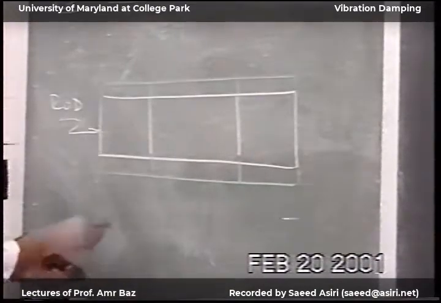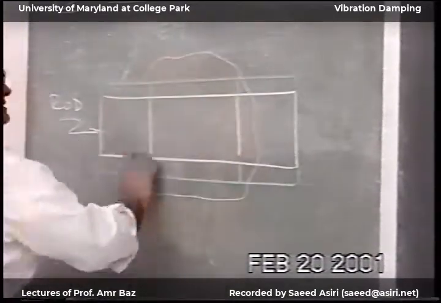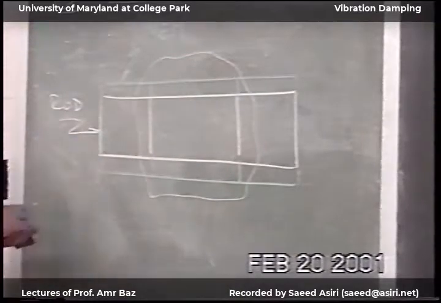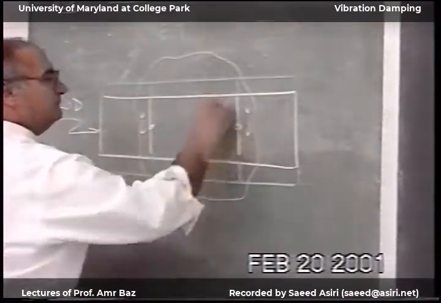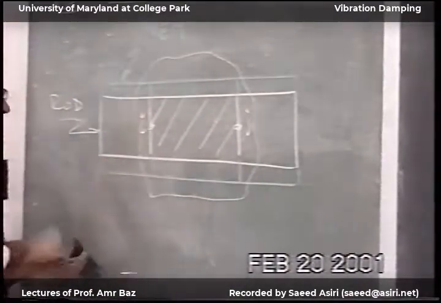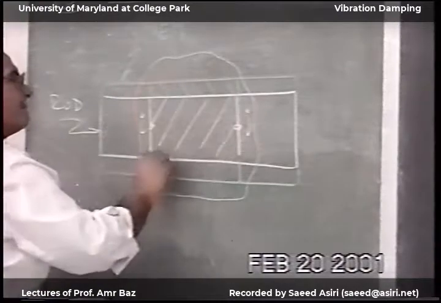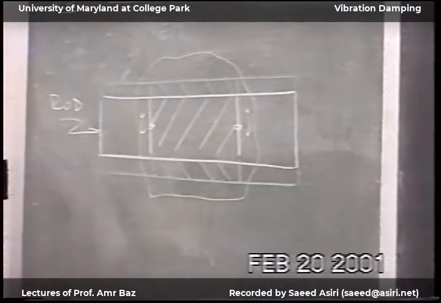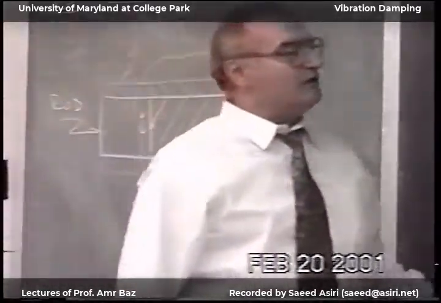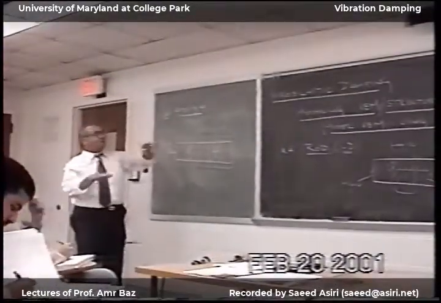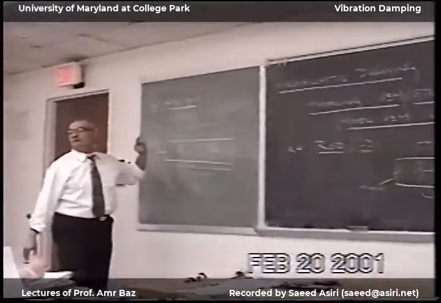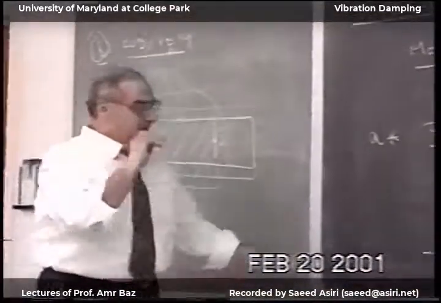Okay, and then now I'll concentrate on this. This is I and J. And then now, instead of just one uniform material, I have this complex or composite material. It is symmetric, everything is symmetric around the center.